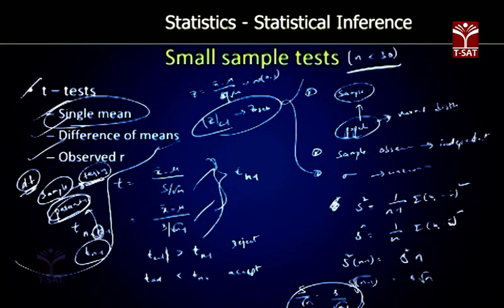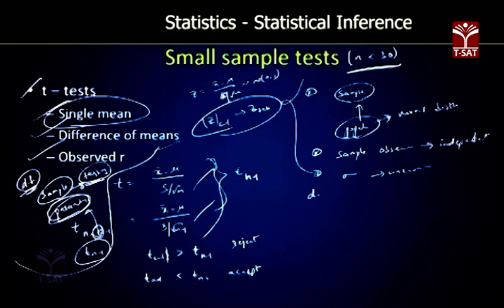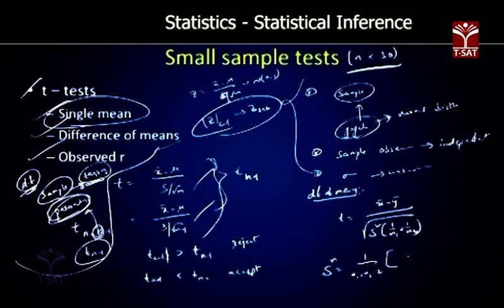So if we want the difference of means, how do we find it then? The test statistic t for difference of means is given by x bar minus y bar, the two means, divided by under root capital S square into 1 by n1 plus 1 by n2, where this capital S square we can calculate using 1 by n1 plus n2 minus 2 into summation xi minus x bar whole square plus summation yi minus y bar whole square, and it follows t distribution with n1 plus n2 minus 2 degrees of freedom.